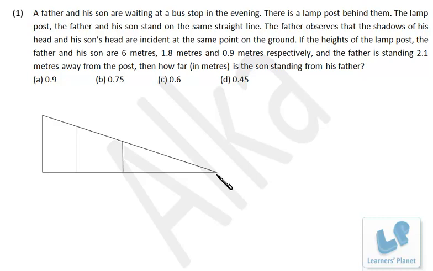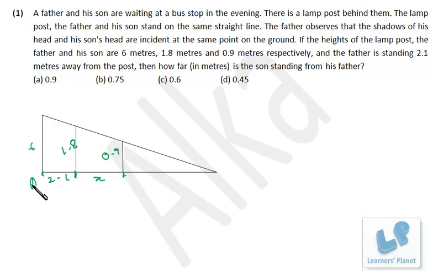If the heights of the lamppost, the father and his son are 6 meters, 1.8 meters and 0.9 meters respectively, and the father is standing 2.1 meters, that means this length, away from the post, then how far is the son standing from the father? So we have to find out this length.